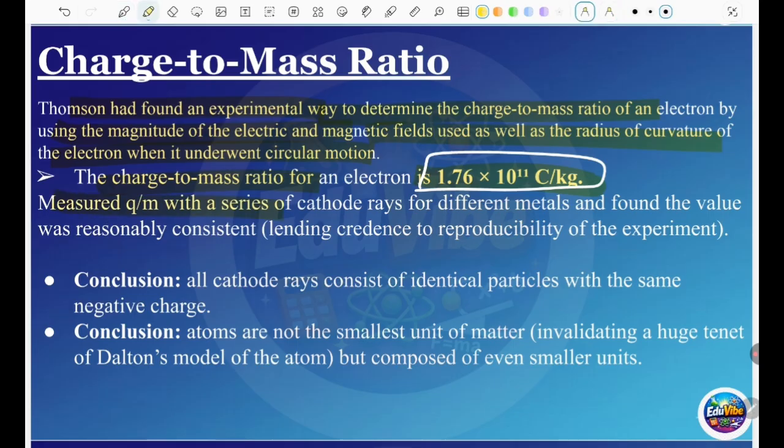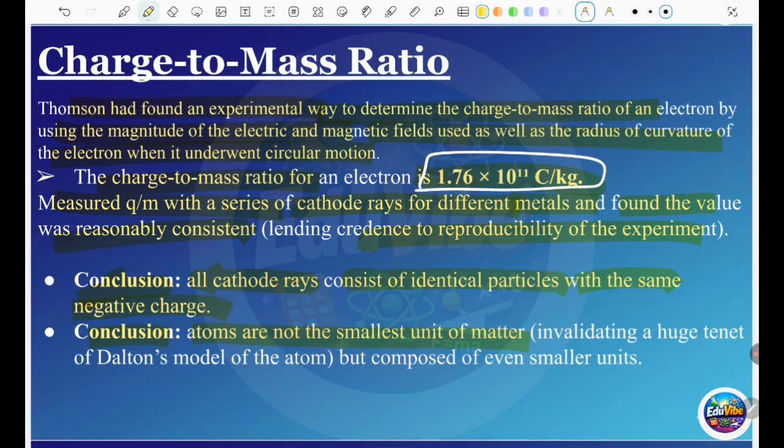Thomson measured q over m with a series of cathode rays for different metals and found the value reasonably consistent, leading to the reproducibility of the experiment. The conclusion is that all cathode rays consist of identical particles with the same negative charge, and atoms are not the smallest unit of matter.